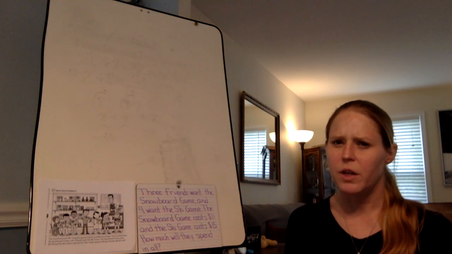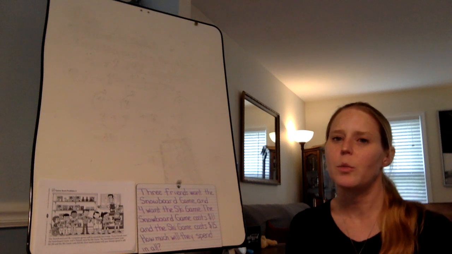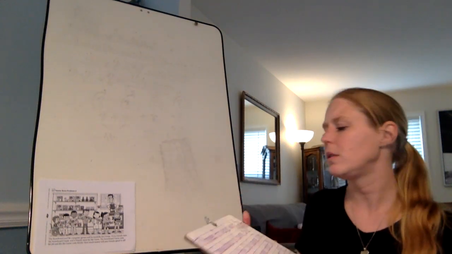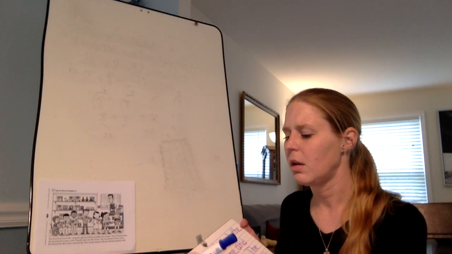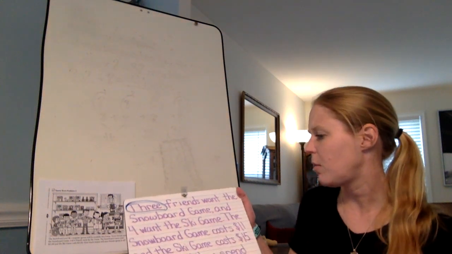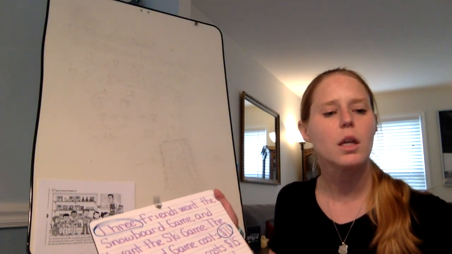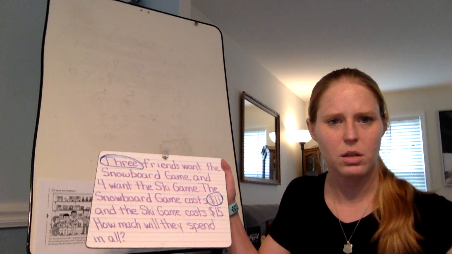So let's cube it, figure out what we need to know, and then let's take this apart piece by piece. So we know that there are 3 friends that want the snowboard game, and that snowboard game costs $11. And I'm going to actually do this in different colors. I hope you guys can see the different colors.